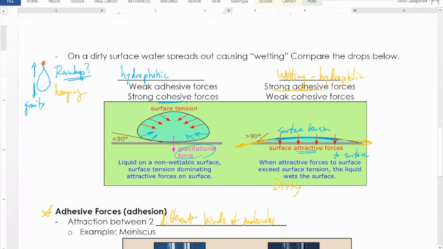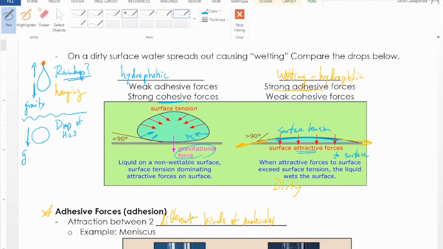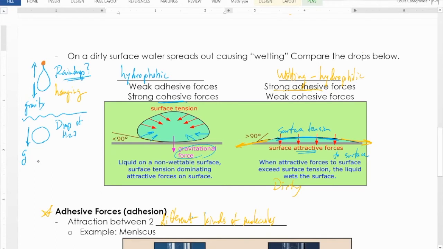So as the water drop is falling, if it was falling without any air around, a water drop falling would be spherical. So it starts off as being spherical. Now, what's happening as the water drop falls, let's label this a drop of water. As the water drop falls, gravity is pulling it down. But because we're in an atmosphere, the air resistance pushes up.